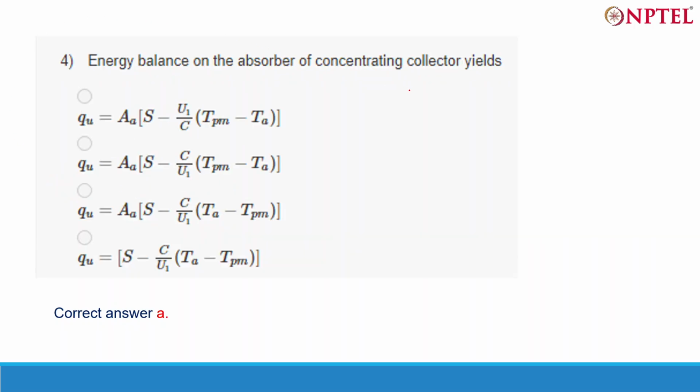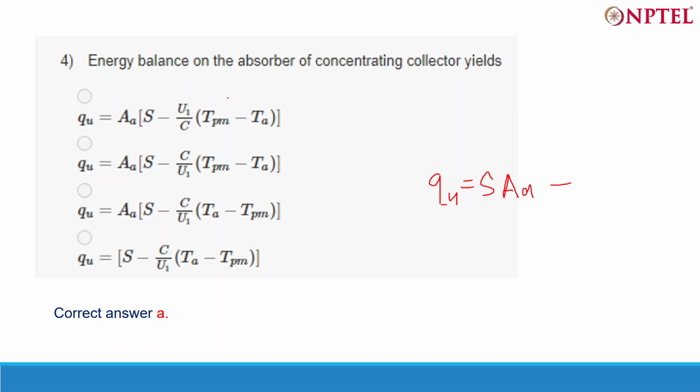Energy balance on the absorber of a concentrating collector yields... Okay, so Qu is basically the useful energy gain. Useful energy gain is whatever energy is received from the sun minus whatever energy is actually lost.